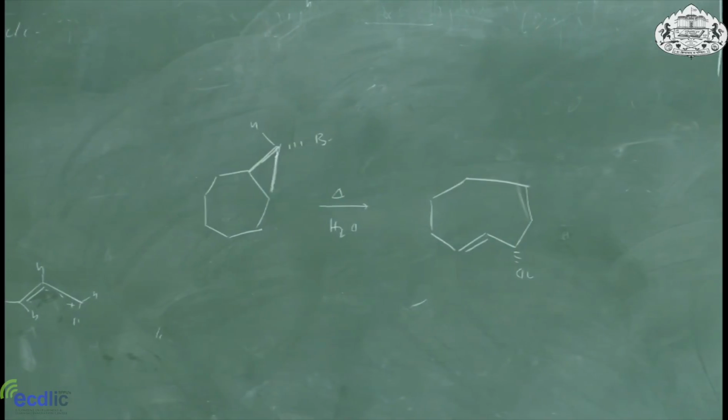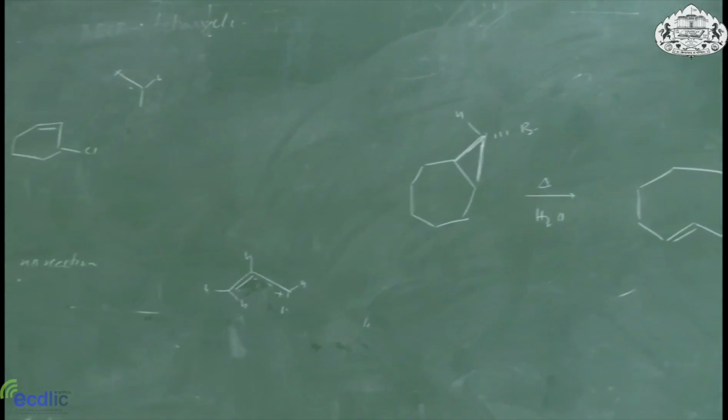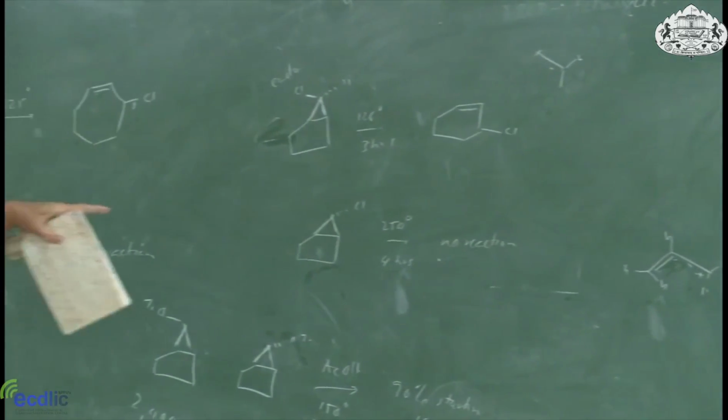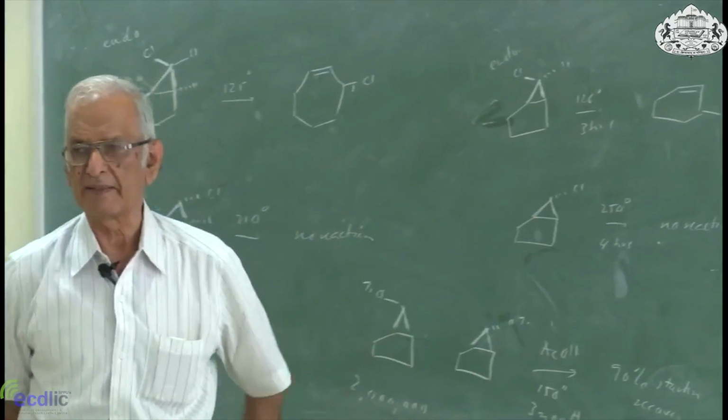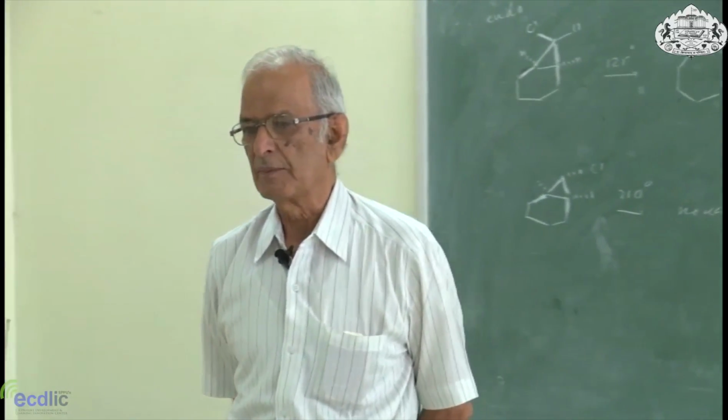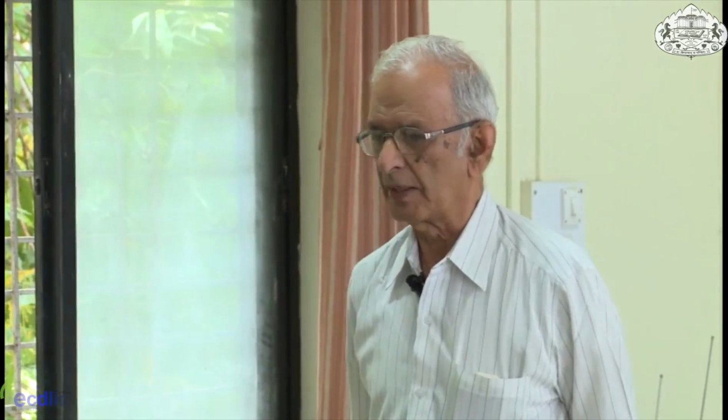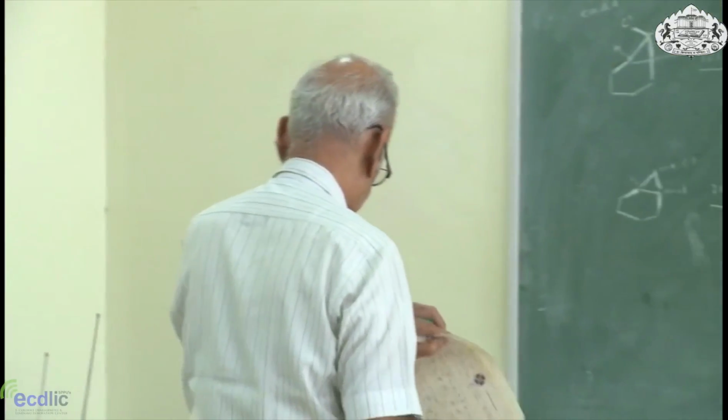So, when 6 was joined to 3 or 5 was joined to 3, exo compound did not react. But when 7-membered ring was joined to 3, exo compound did react, because trans double bond in 8-membered ring is unstable, but not impossible. Okay. Let us look at our next example.